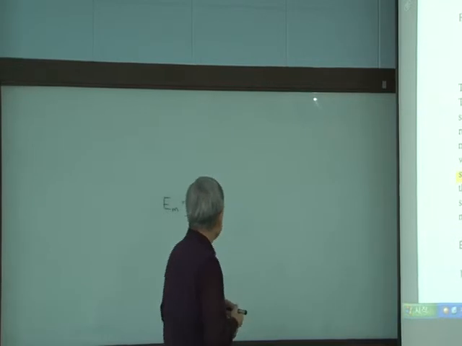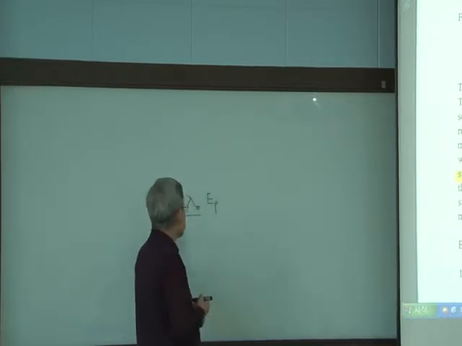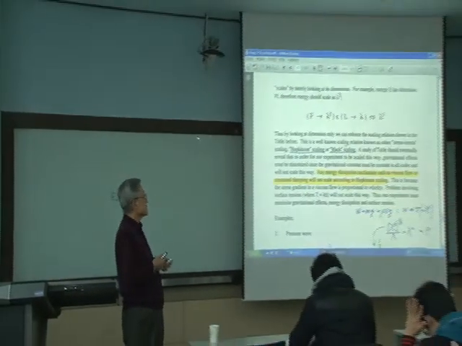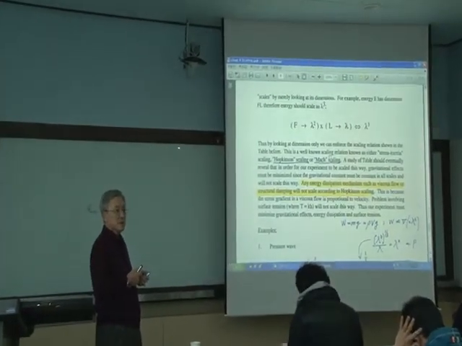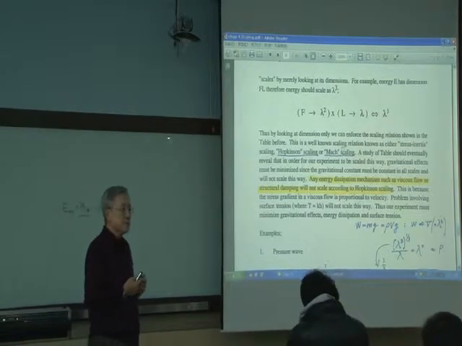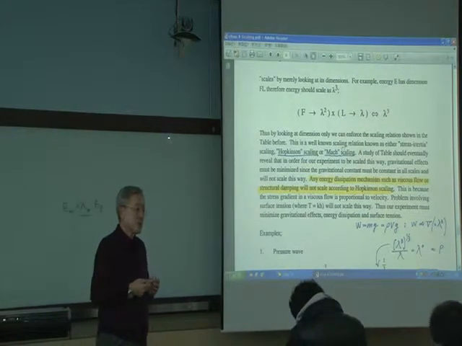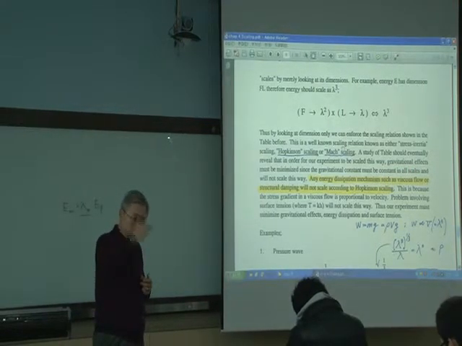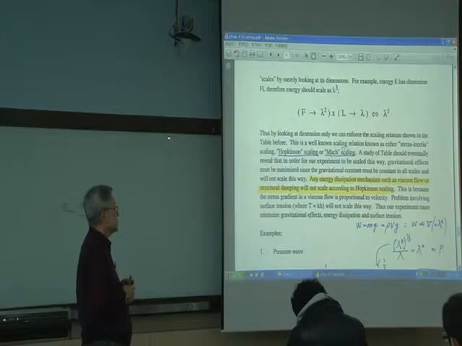And the physical dimension for E is F times L. Then the scale factor for F is lambda squared, right? That's what we did last Friday for the basic calculation.